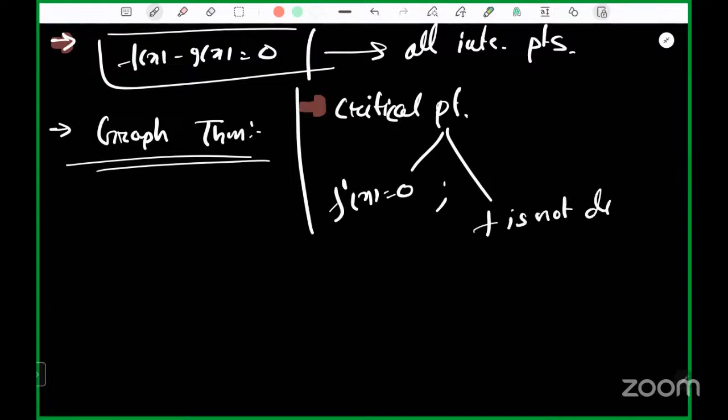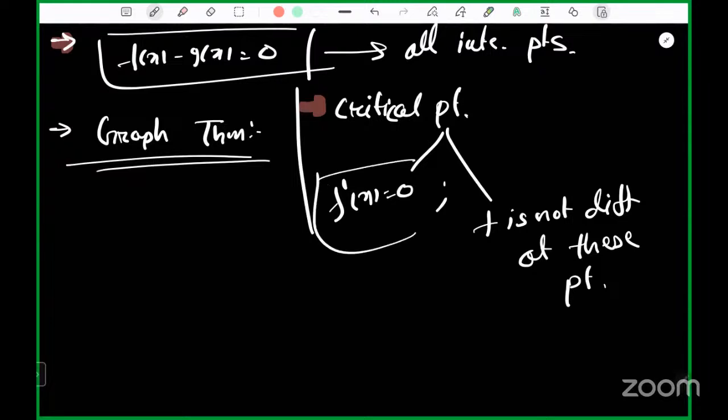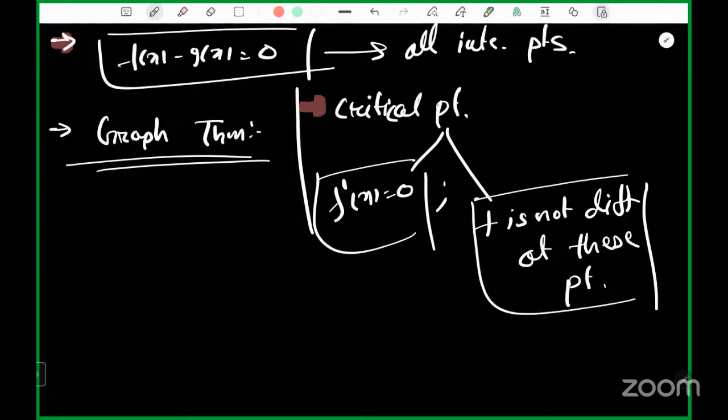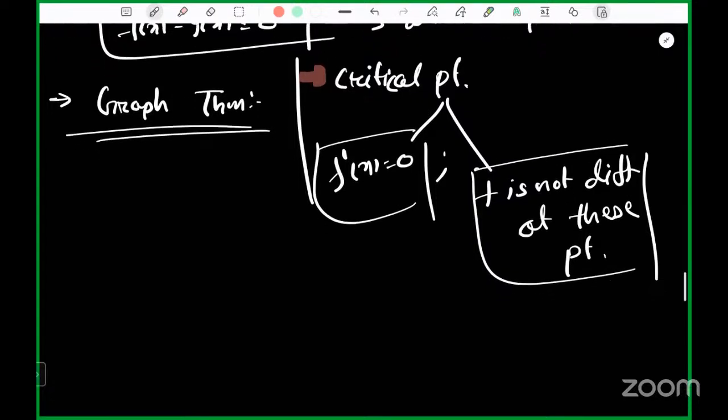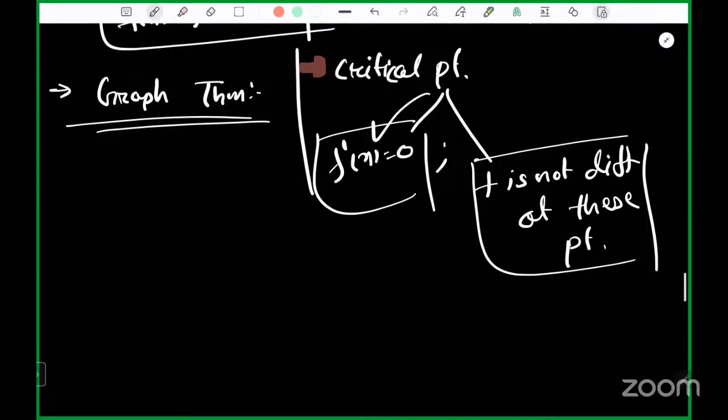Those points which possess one of these properties are known to be critical points. So either the derivative is equal to 0 or f is not differentiable at those points. You need at least one of the properties to say that the point x naught is a critical point. So you can find out just by looking at f dash of x naught equal to 0, or those points where the function is not differentiable. That's your critical point. Is that okay, Santosh? Yes, ma'am. Just solve this equation f dash of x equals 0.